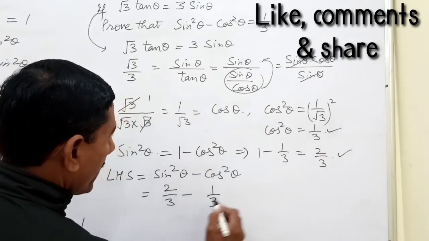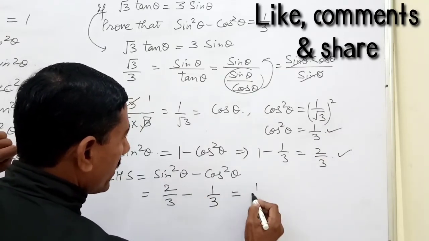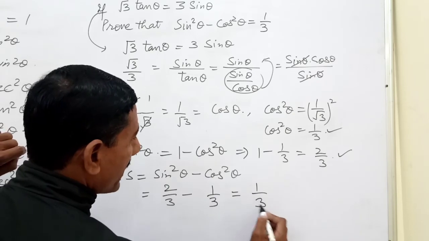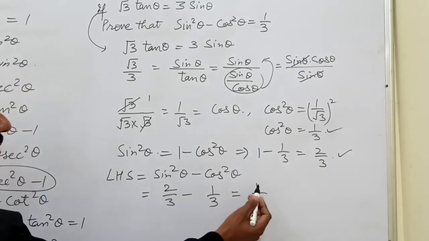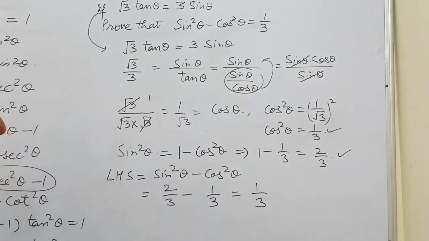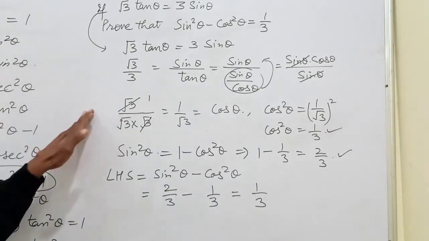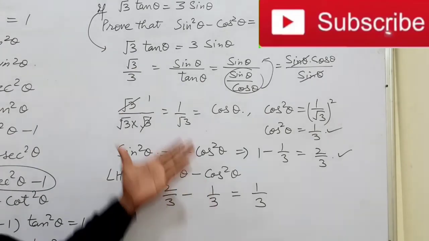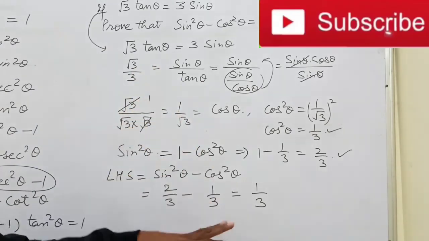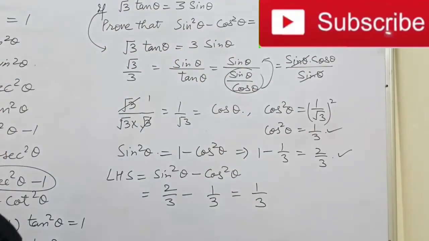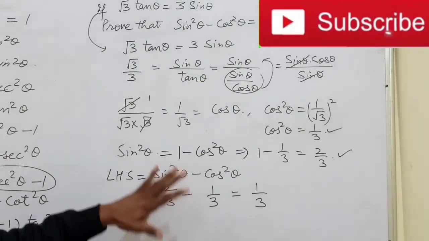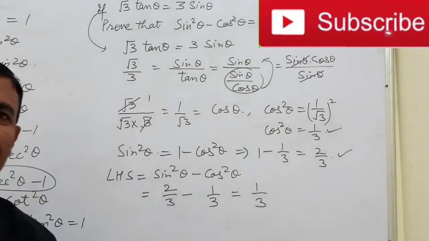Then with 3 as the LCM, 3 is taken the same and 2 minus 1 is equal to 1, so 1 by 3. In this method we can find any solution and use the identities in questions by applying them. You can find the left hand side and the right hand side.